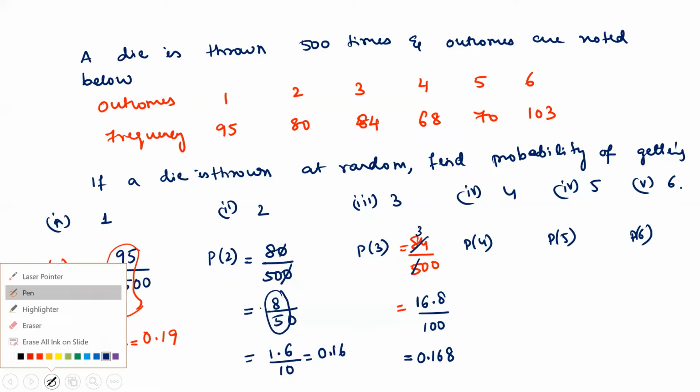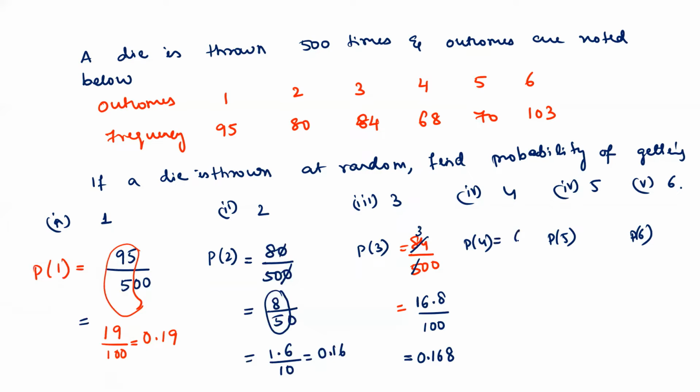What about the probability of 4? 0.136. Even now you can just divide this. Probability of getting 5: 70 by 500. 0.14.